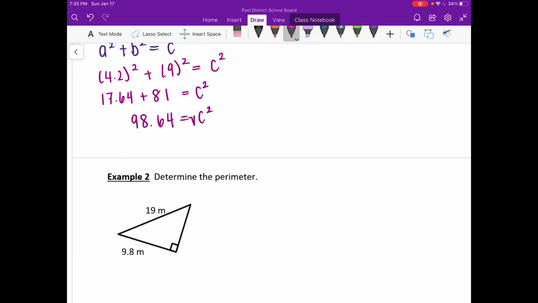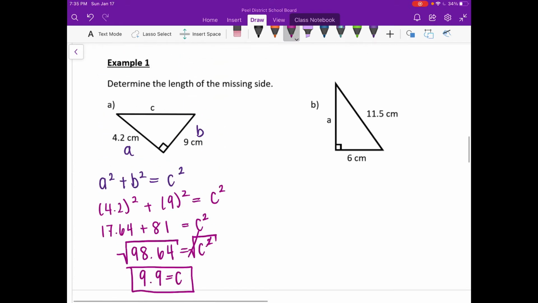So we're going to square root both sides to get the C by itself. This cancels out with that. And we're left with 9.9. And this is what I mean. Leave the .64 as a whole decimal. Don't round it to 6. 9.9 equals C. So I know side C, I'm just going to go back here and say, okay, side C is equal to 9.9 centimeters. Cool?